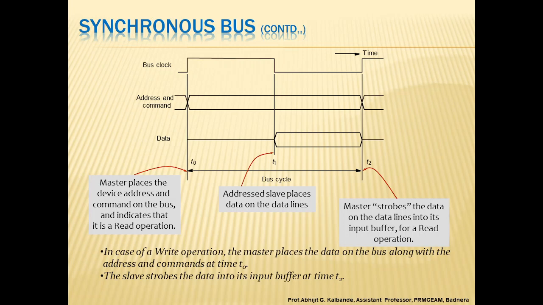The clock's width, T1 minus T0, should be chosen such that it is greater than the maximum propagation delay between the processor and any of the devices connected to the bus.